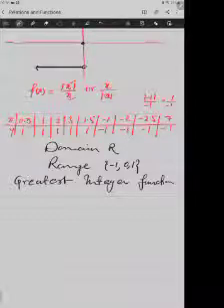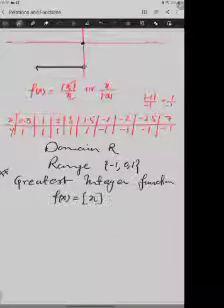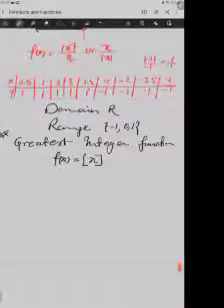The symbol for the greatest integer function, f(x) equals, is this square bracket like symbol. When we are making the greatest integer function graph, we must know what the greatest integer function is. It means the lower integral value. The greatest integer function represents the lower integral value.